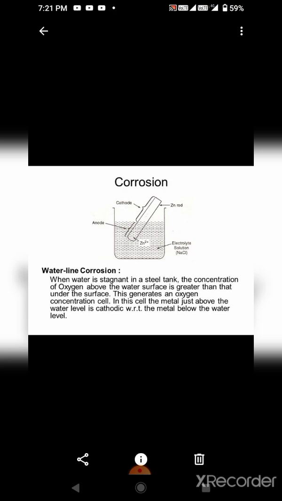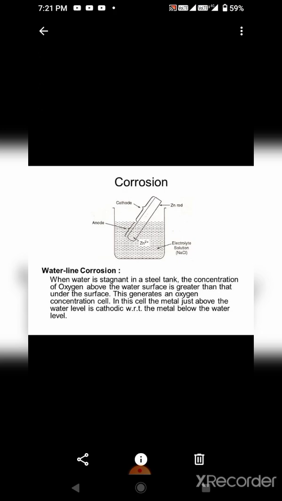This is because the portion just below the water level is exposed to poor oxygenation, but the portion at the lower level will have an oxygen concentration cell, so it will not get corroded at that point. Only the point just below the water level will get corroded.